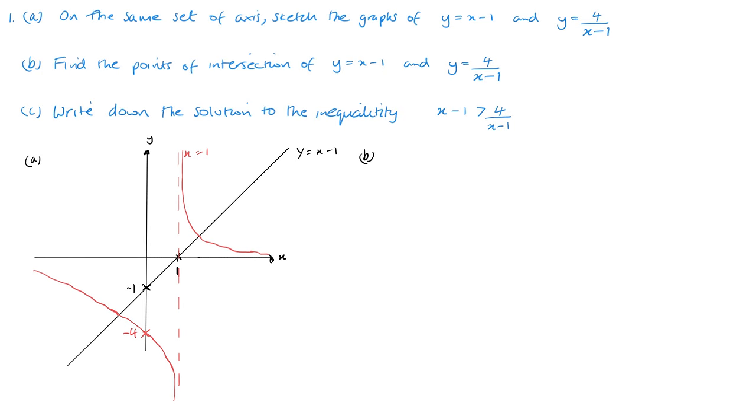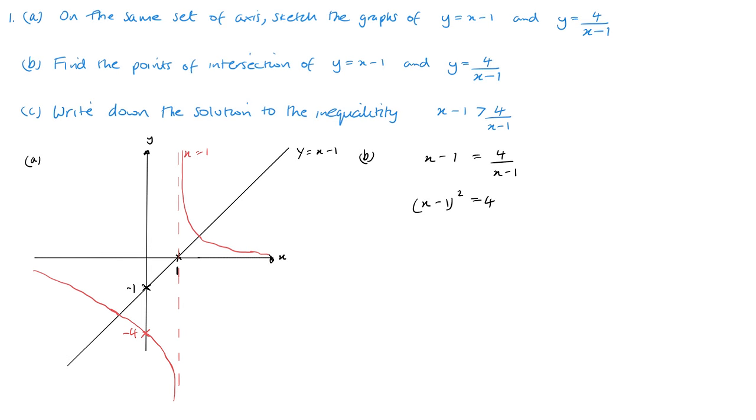Now part B, the points of intersection. I can see there's going to be 2 intersection points. This one's nice and easy. So I make both of my graphs equal to each other. Now I don't have to multiply by this squared because it's not an inequality, so I can just multiply by it.